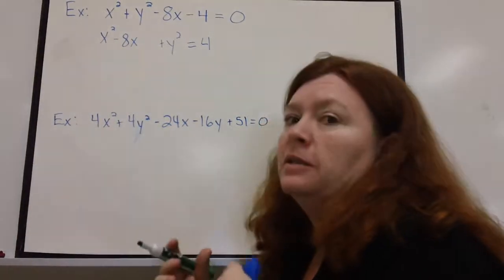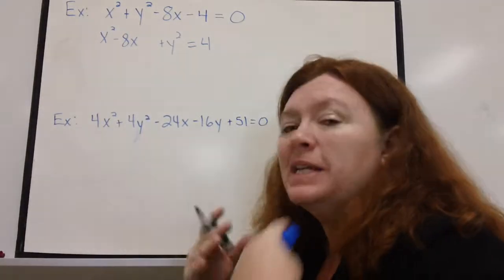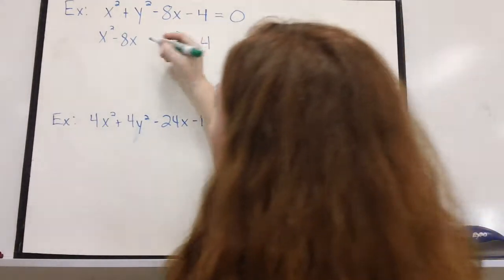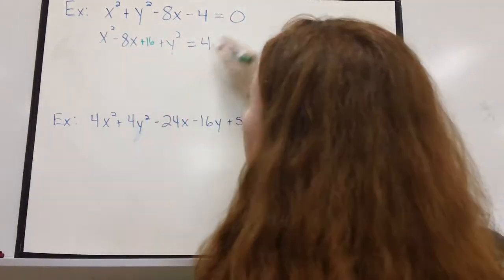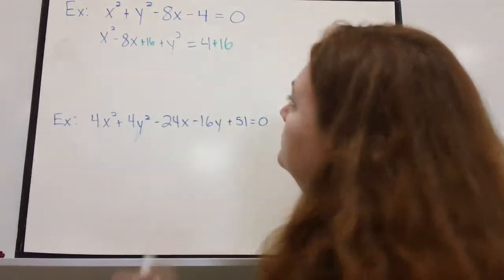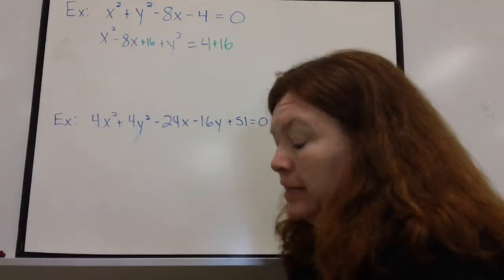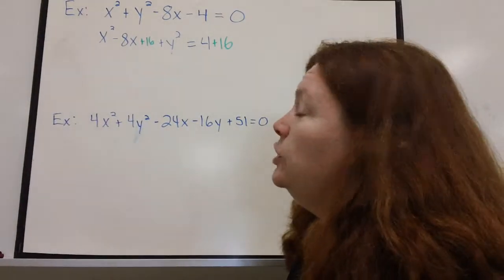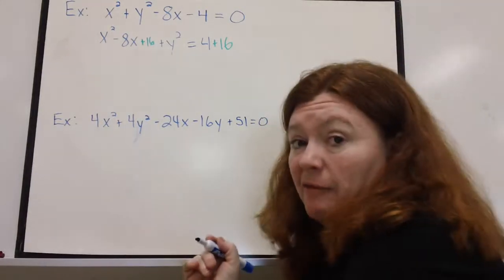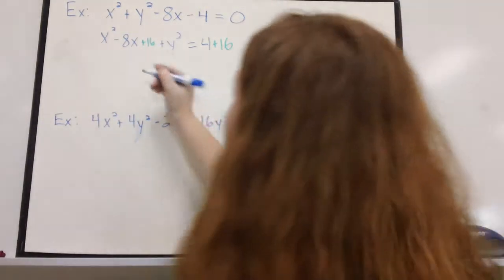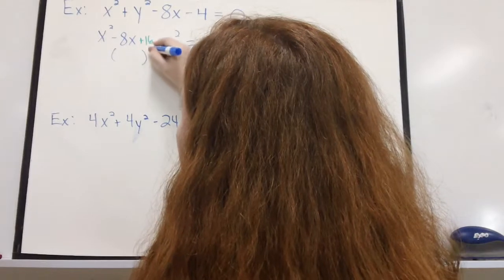You're always, when you square a number, going to have a positive. So I'll add 16. No matter what sign this is, we would be adding to both sides. Now, here's the key. When you rewrite as a parenthesis squared, because that's my step 5, rewrite as something squared.